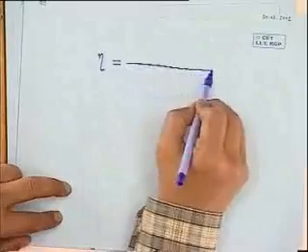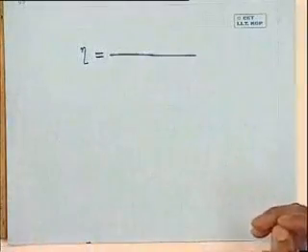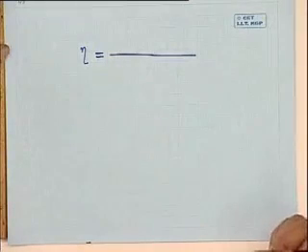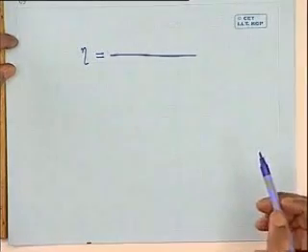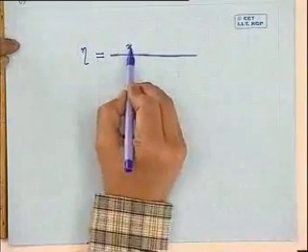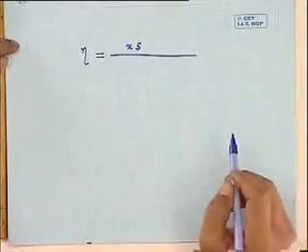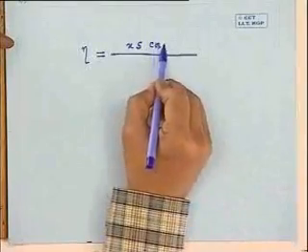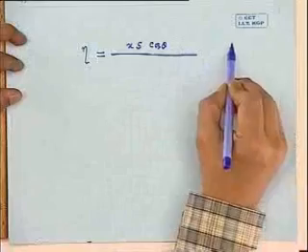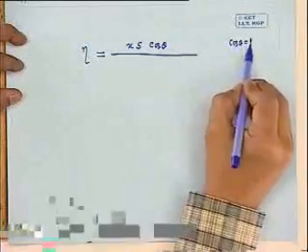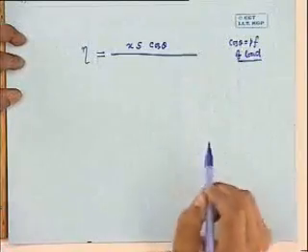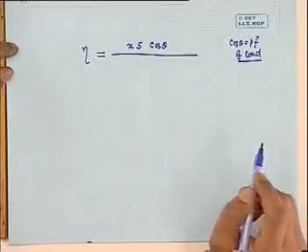If that be the case, then let me write down the expression for the efficiency when the transformer operates at any arbitrary loading x S kVA. Tell me what should come on the top. Output: x into S, but it is kVA only, so times cos theta, where cos theta is the power factor of the load. This is important.